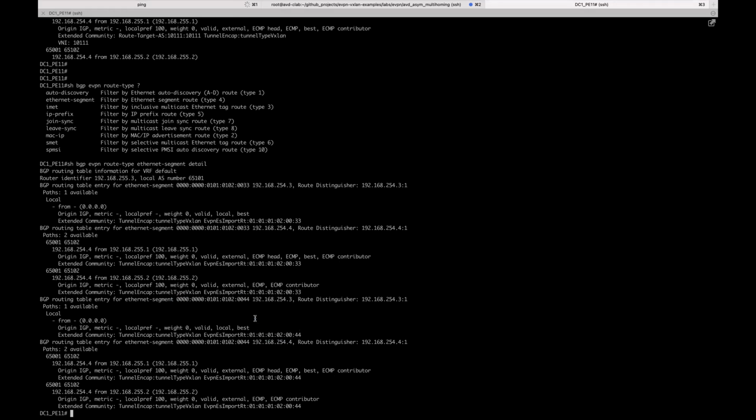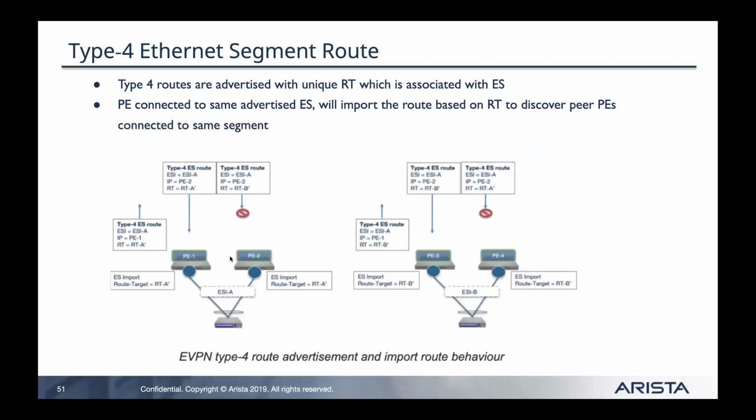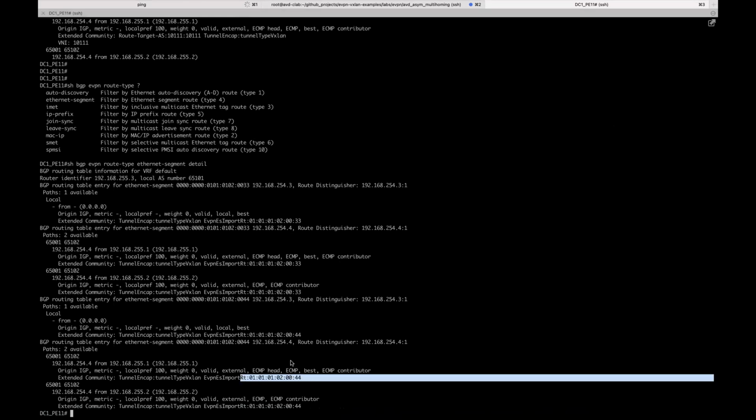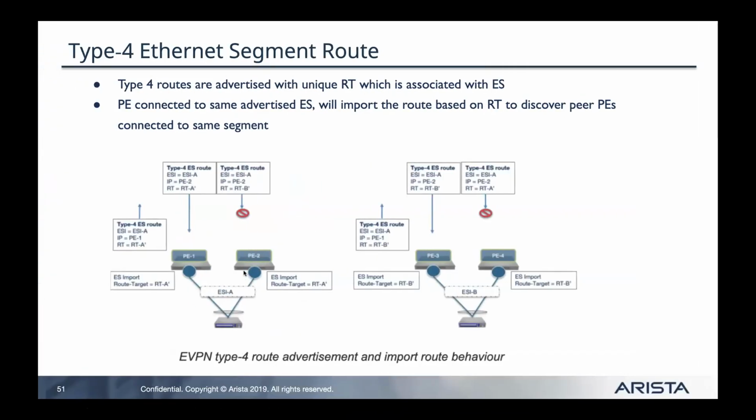Because if we remember this, here you will install this route based on the import route target. So here you have configured the import route target, which is in your update message. Based on that only, you will import this route and consider that, hey, this is my neighbor. We are sharing the same Ethernet segment. So it's both the values basically. Yes, both the values.